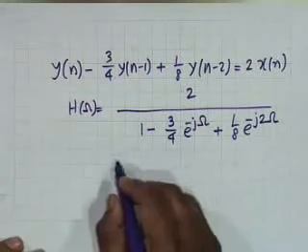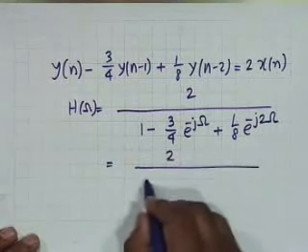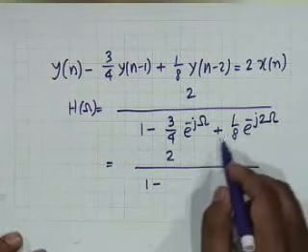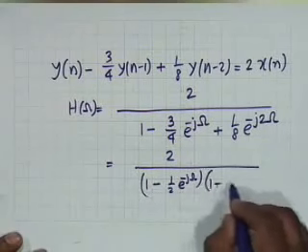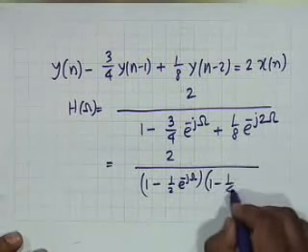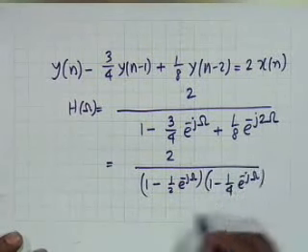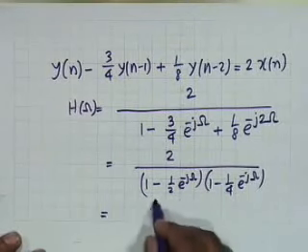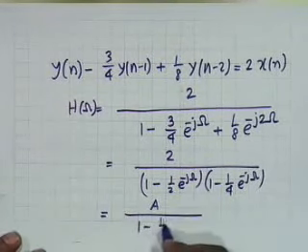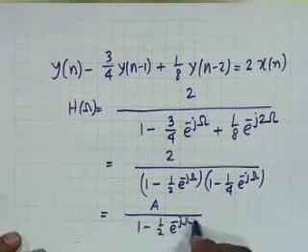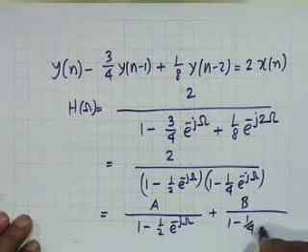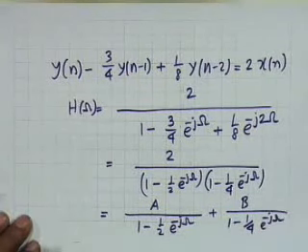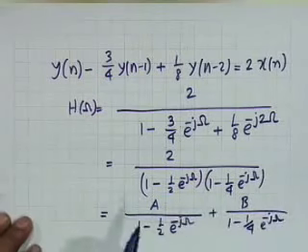And this can be written as 1 minus half e to the minus j omega and 1 minus 1/4 e to the minus j omega. So what I do now is to expand this in partial fraction. I write A by 1 minus half this plus B by 1 minus 1/4 e to the minus j omega. All right. Then I find out A and B by the usual method.